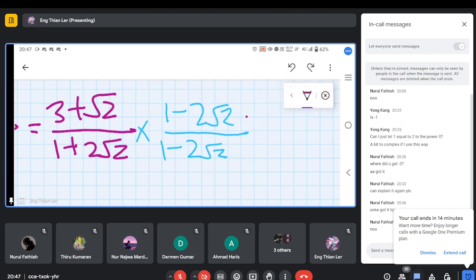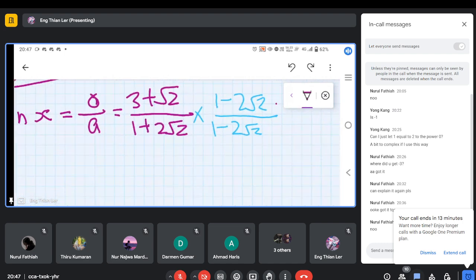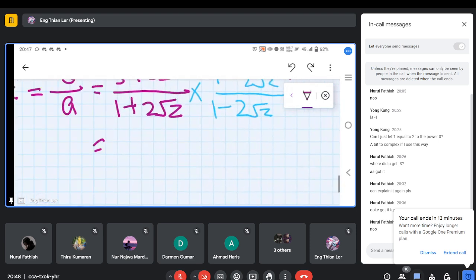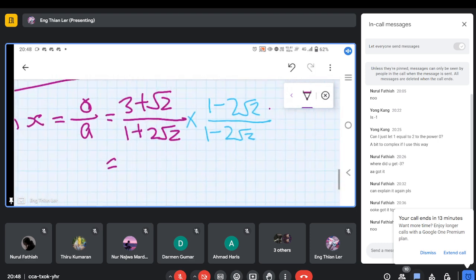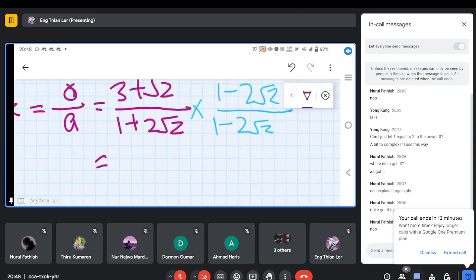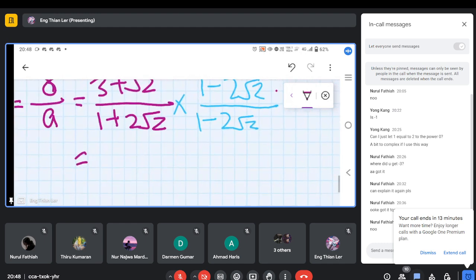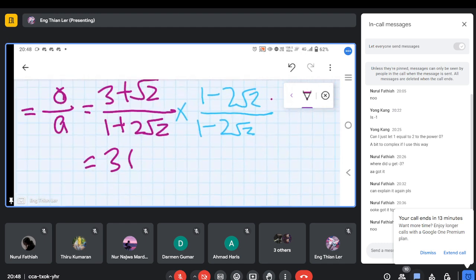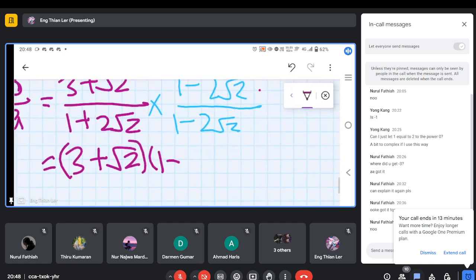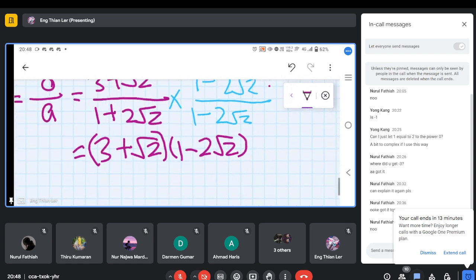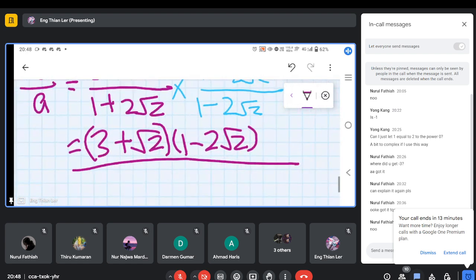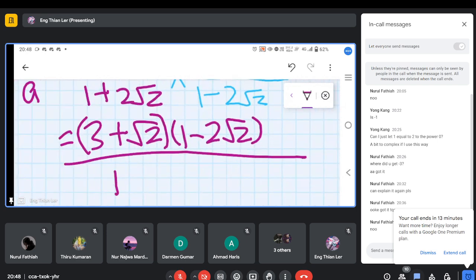I just hope you all don't forget to multiply by the negative. Sometimes you will be careless, and I did that a lot, and I wish you all don't repeat the mistake I did. So please do every question carefully. And the bottom will be 1 squared minus 2 root 2 squared, which is 1 minus 8.